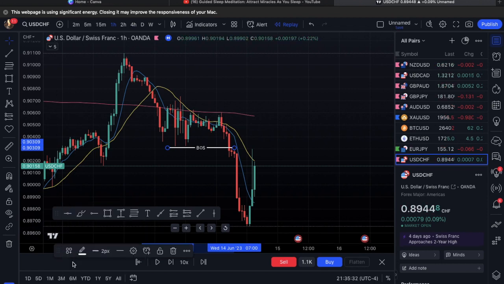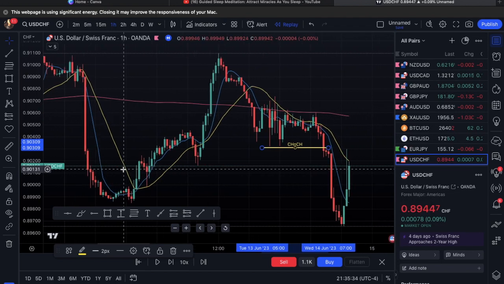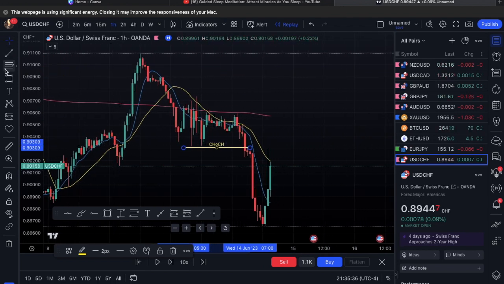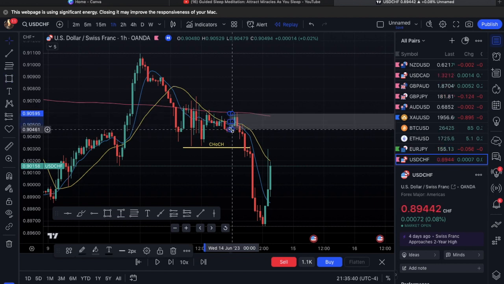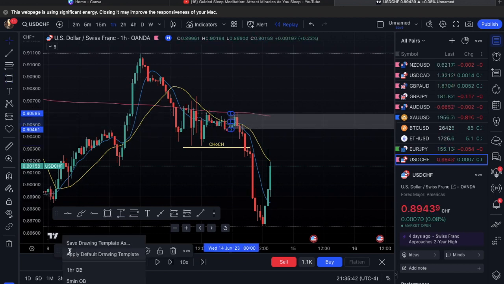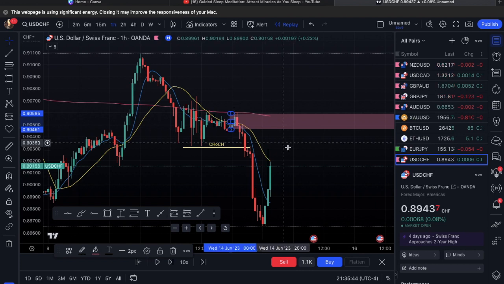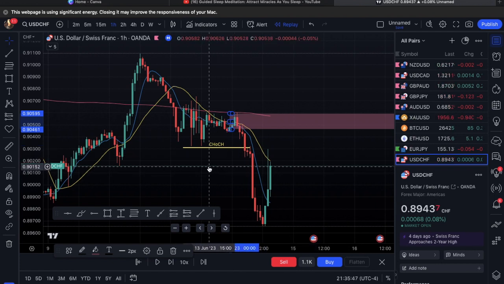Actually, a change of character here. So that means we have an order block here on the 1 hour, which is pink.